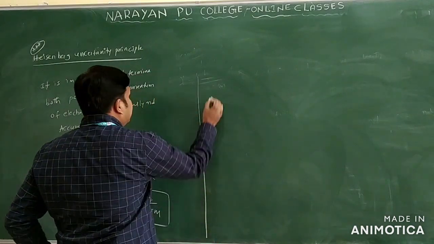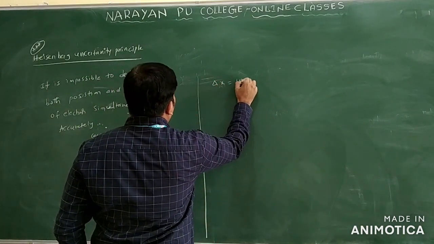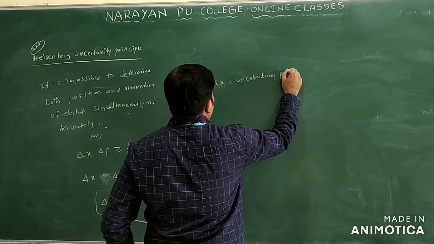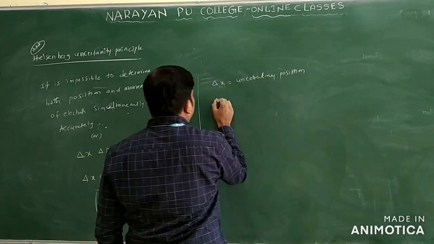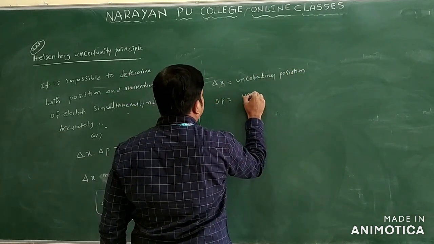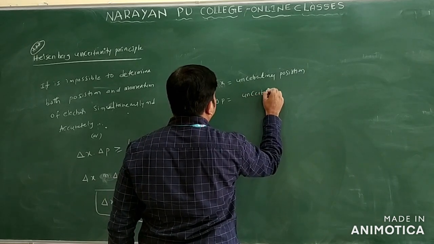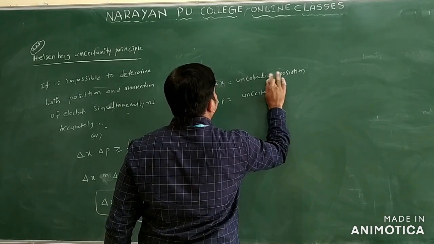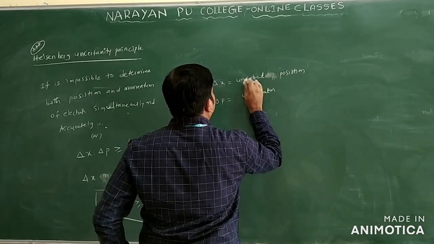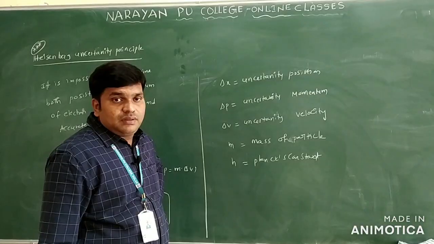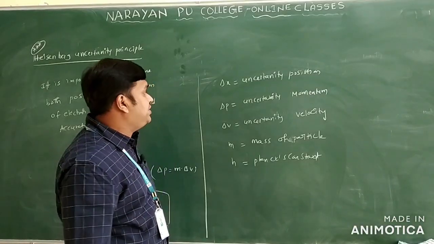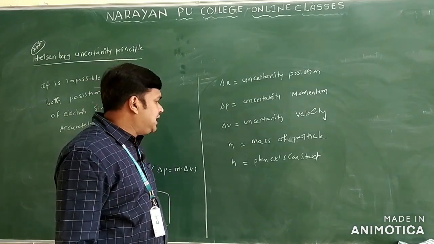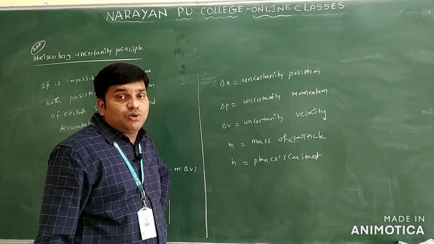Here delta x is equal to uncertainty in position, delta p is equal to uncertainty in the momentum, delta v is equal to uncertainty in the velocity, m is equal to mass of the particle, and h is equal to Planck's constant.